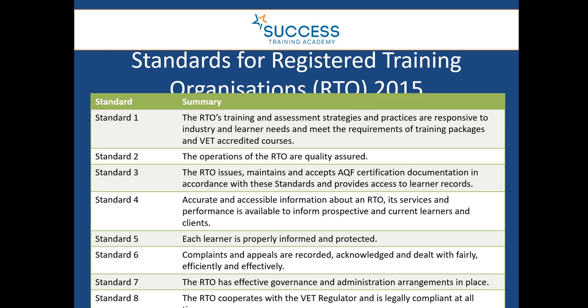So for example, standard 1 is about the training. Ultimately, standard 1 is about whether the RTO is training and assessing in alignment with the training package and how it is stipulated in the units of competency. This is where you need to make sure that your TAS, training assessment strategy, is up to date and fully complete.